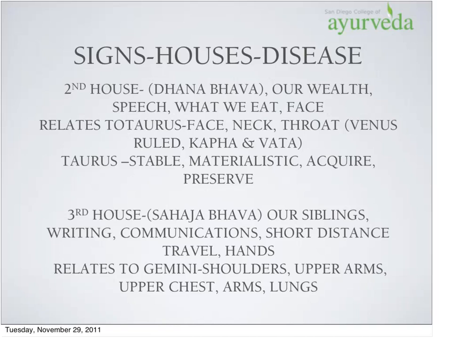The third house is Sahajabhava. The third house is representative of our siblings. And by the way, this is not entirely inclusive of every house representation. As you can see, the houses are general, and the bhavas are general. Bhava means field of action.